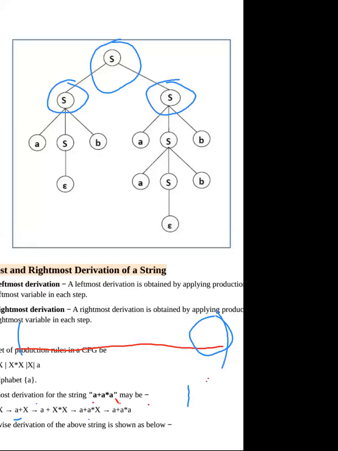Next, what was the third step? I think the third step was ASBS. S was replaced by ASB. Can you see it? I marked it in red. So ASB. Now we replace this S by null. So the first step was blue, the second step is red, the third step is green.